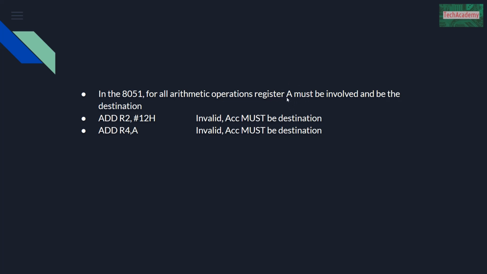So we have to use the accumulator always, and it should always be the destination. If we write ADD R2, #12H, then this is an invalid instruction, because instead of the accumulator we are using R2 here. The accumulator should always be at the destination.